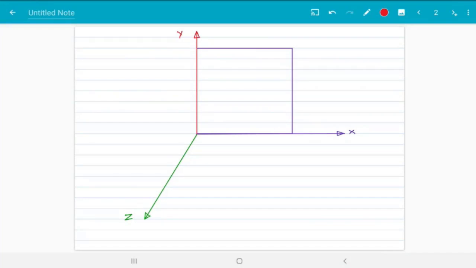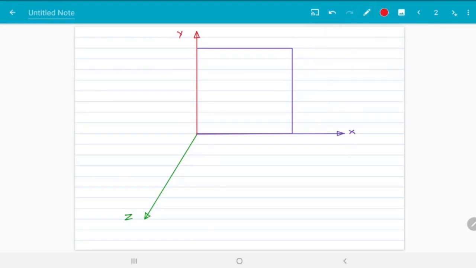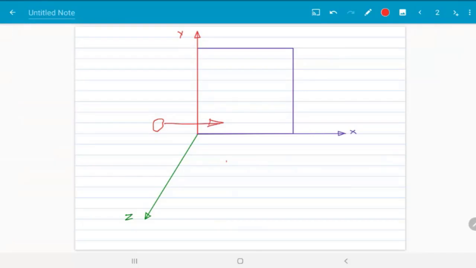It is our XYZ coordinate system, a mutually perpendicular coordinate system. Any object in space can move along the x direction, along the y direction, and along the z direction.